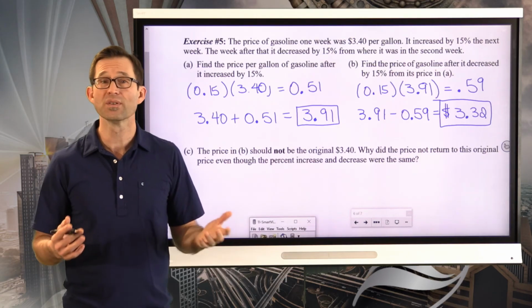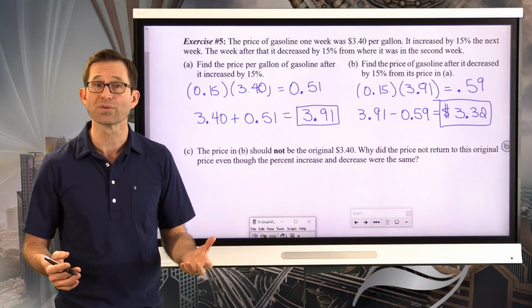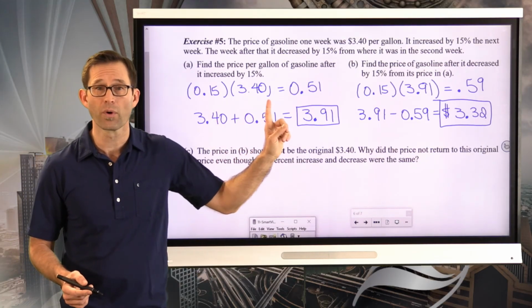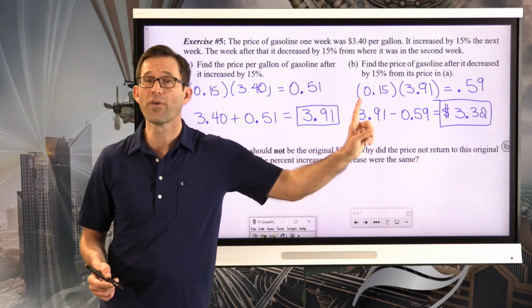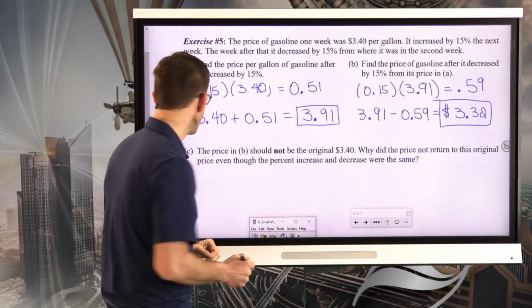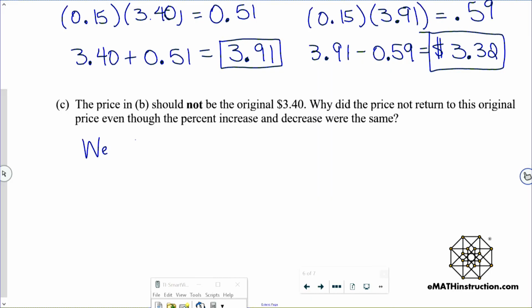All right, well, it's pretty much this simple. We were finding 15% of two different numbers. In letter A, we were finding 15% of $3.40. In letter B, we were finding 15% of $3.91. So plain and simple, we found 15% of two different numbers.